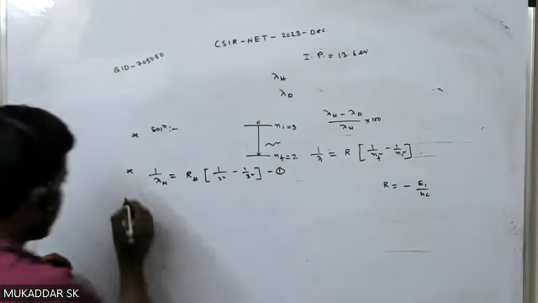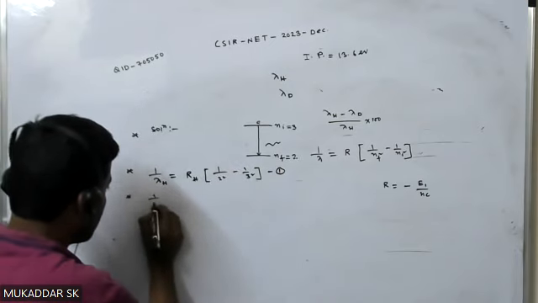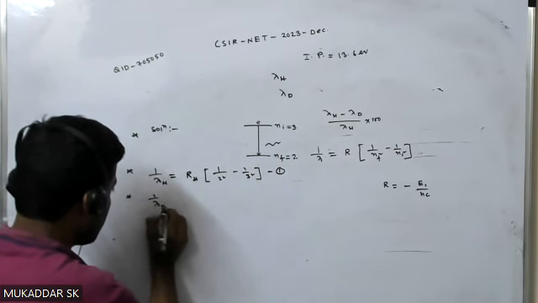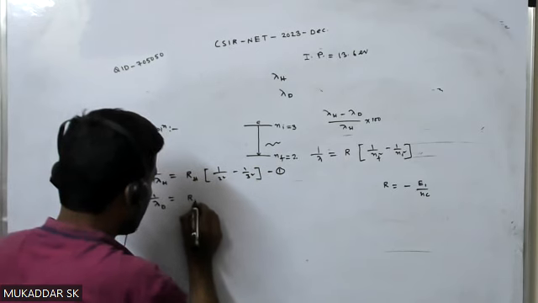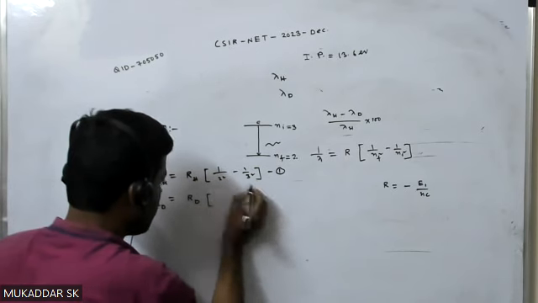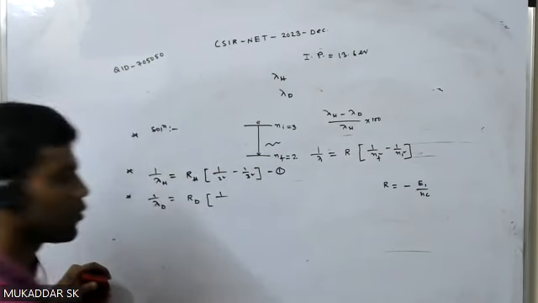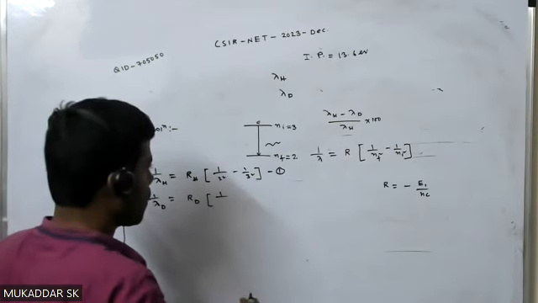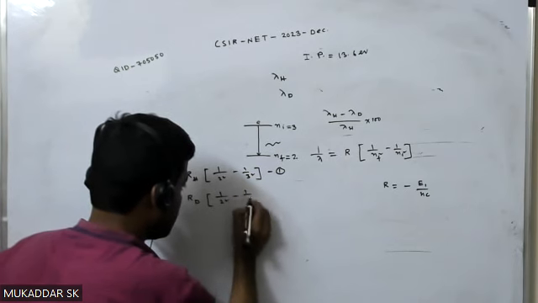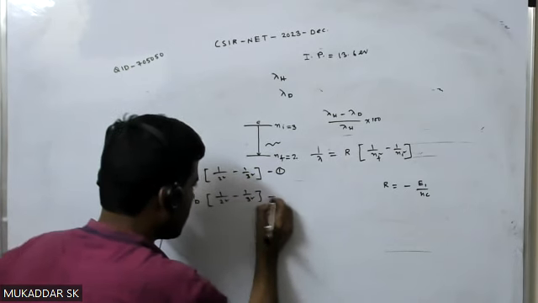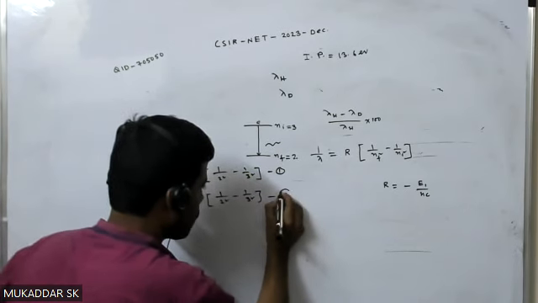The same way I can write 1 by lambda d for the deuterium atom: it will be Rd times the same quantity, 1 by 2 square minus 1 by 3 square, because for both cases the maximum wavelength is considered. So this is fixed. Let us take this as equation number 2.